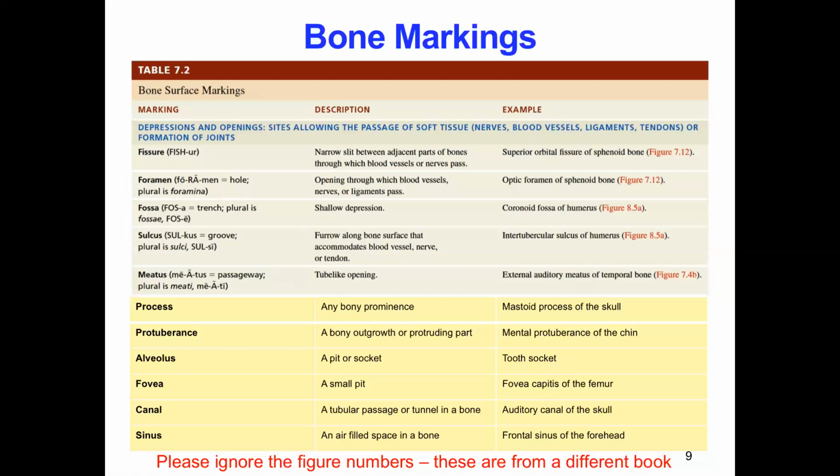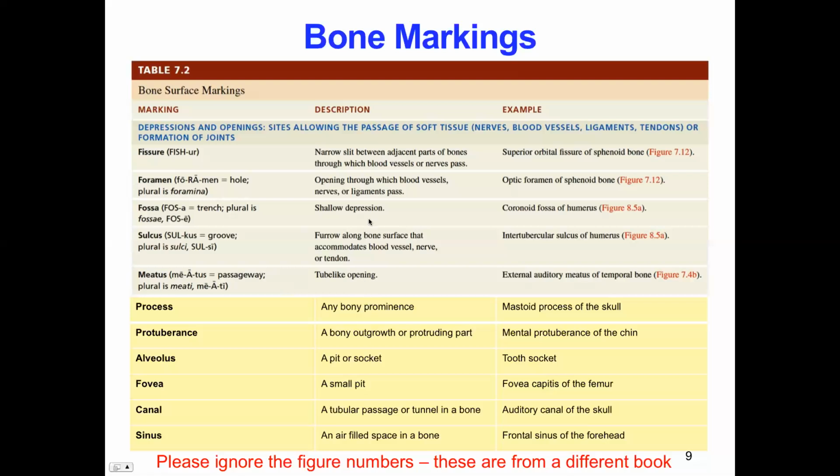So I absolutely don't expect you to be able to tell the difference between a fovea or an alveolus. Or if you look here, a canal, a tubular passage or tunnel in a bone, versus a meatus, a tube-like opening. All right, so whatever, right?